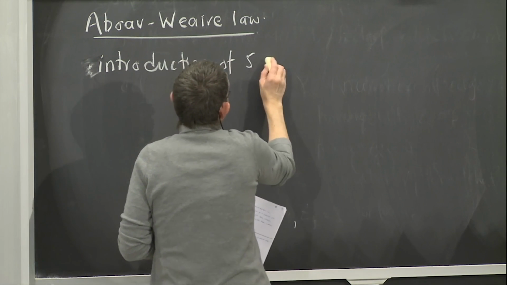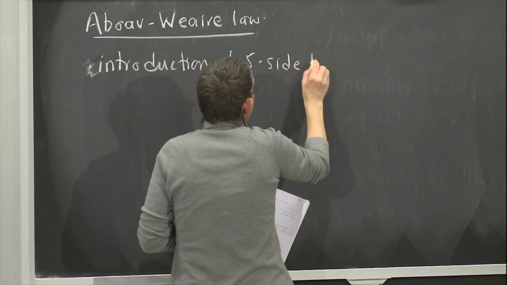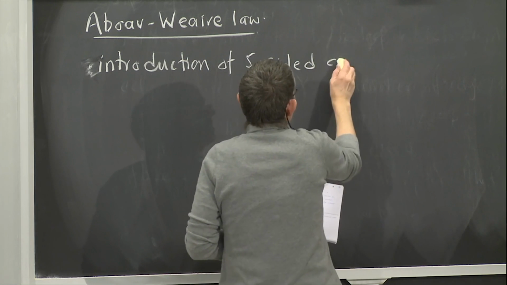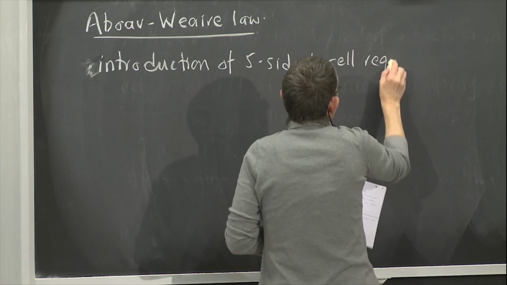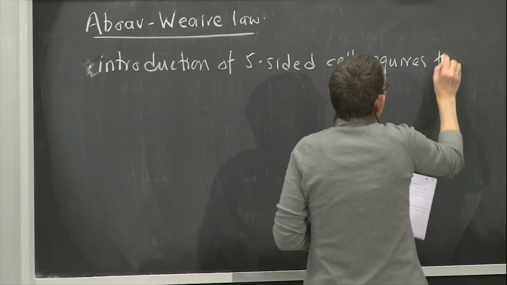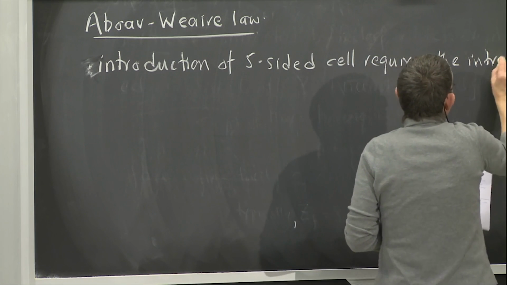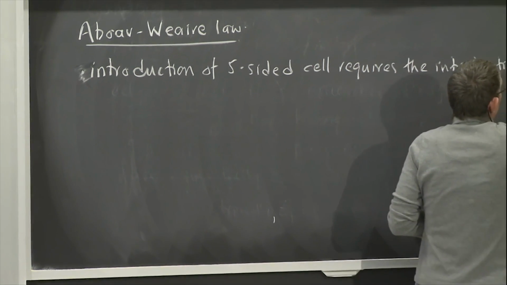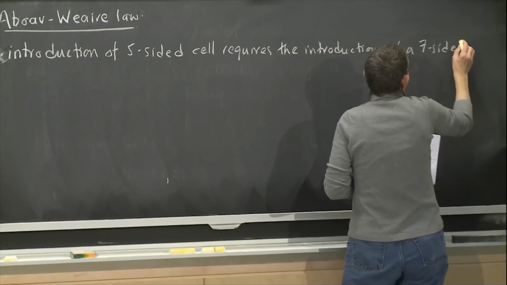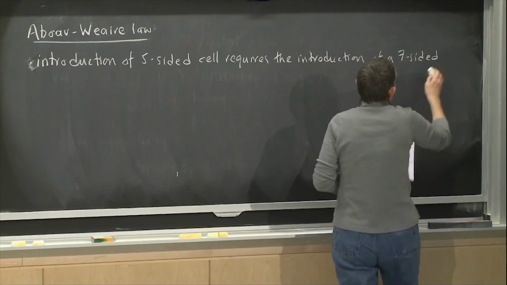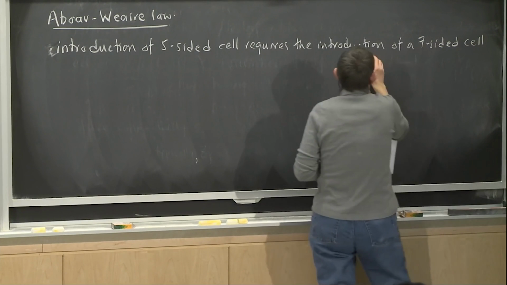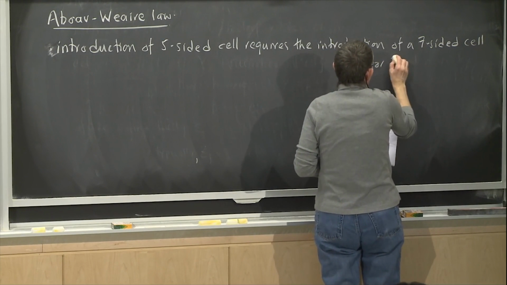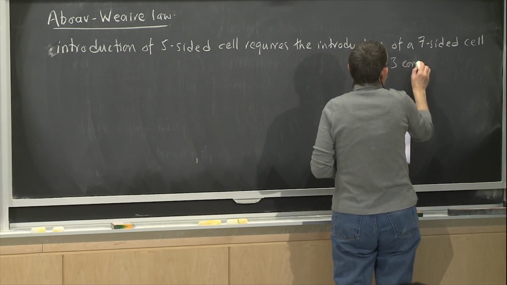So we'll say the introduction of a 5-sided cell requires the introduction of a 7-sided cell. And this is all for a 3-connected net, or a 3-connected honeycomb.